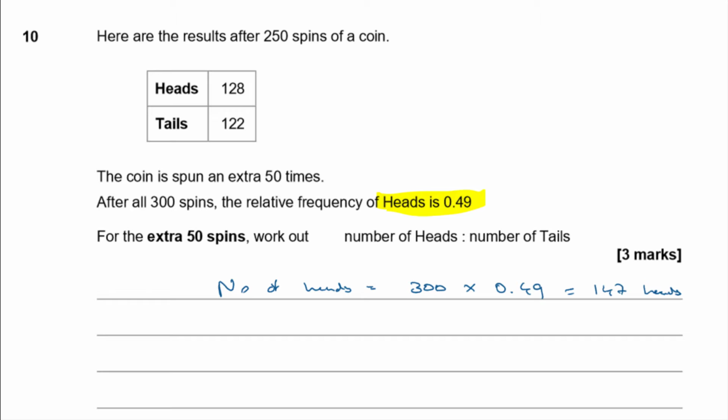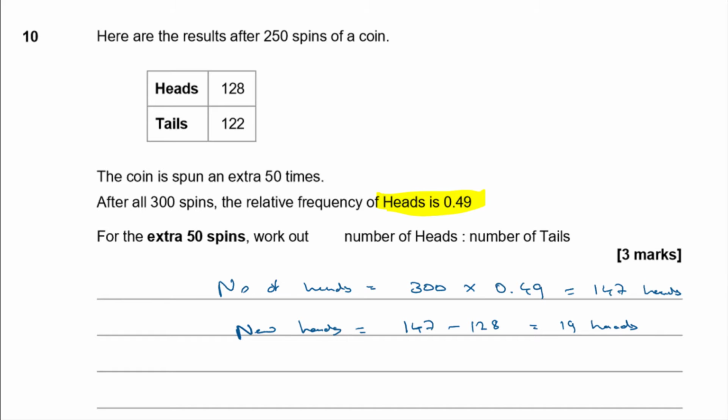So the number of new heads is going to be the number of heads altogether minus the number of old heads, which was 128. What's the difference then? So there must have been another 19 heads in the last 50 trials.